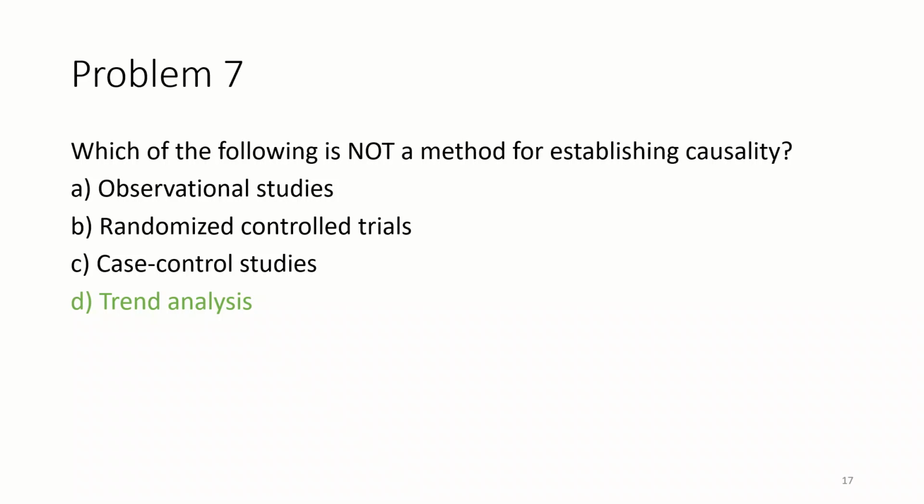Correct. Trend analysis is with respect to time, how a quantity is changing. So that does not tell what the cause of it is. So why are the other options actually methods for establishing causality? If somebody is telling B, randomized control trials, it was one of the cases we handled during the placebo effect.